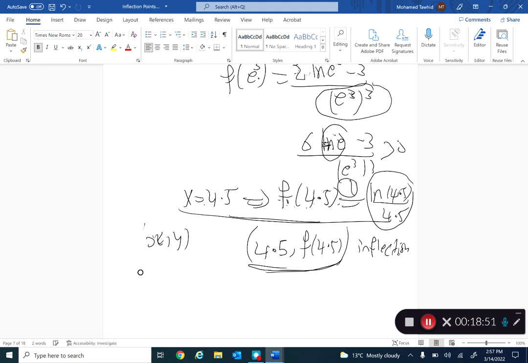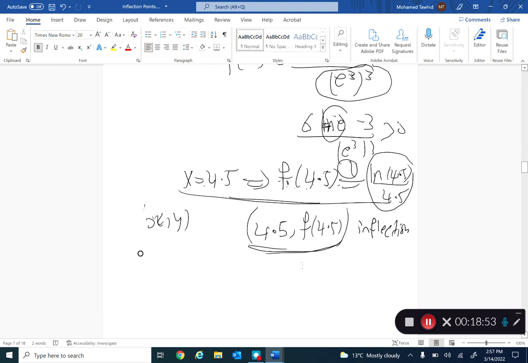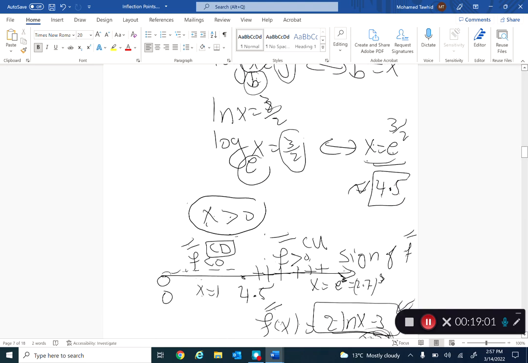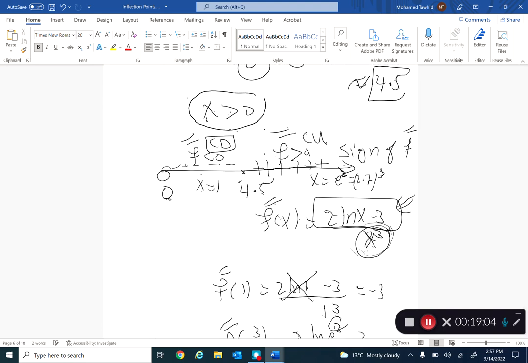So now I need to figure out which interval is concave up and which interval is concave down. Looking here, from 0 to 4.5 the graph is concave down, because your second derivative is negative.